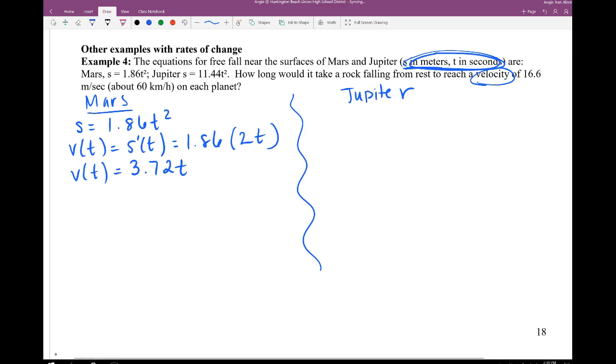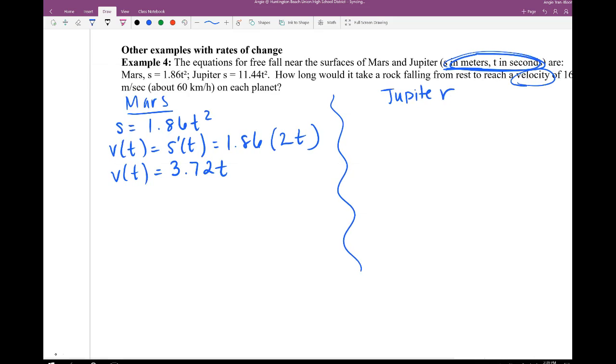Can you see this right here? So I don't have to convert anything. So I'm just going to take 16.6 and set it equal to 3.72 t. Divide both sides by 3.72. All right, bust out your calculator. Can you tell me, is it exact or is it an approximation?